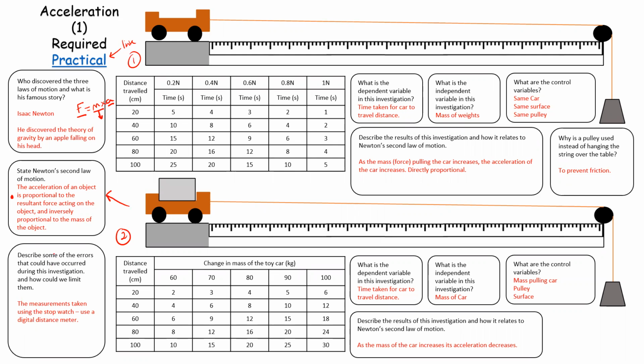Describe some of the errors that could have occurred during this investigation, and how could we limit them. The measurements taken using a stopwatch allow a lot of inaccuracy with human error. What is definitely preferable is using a light gate.